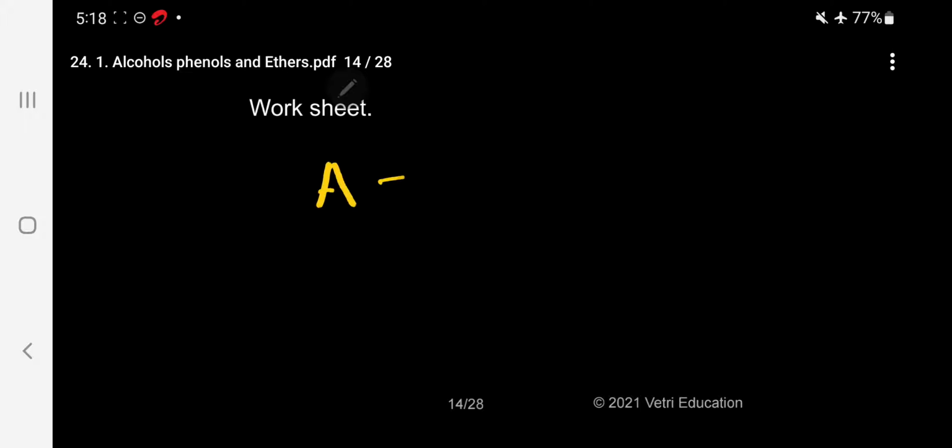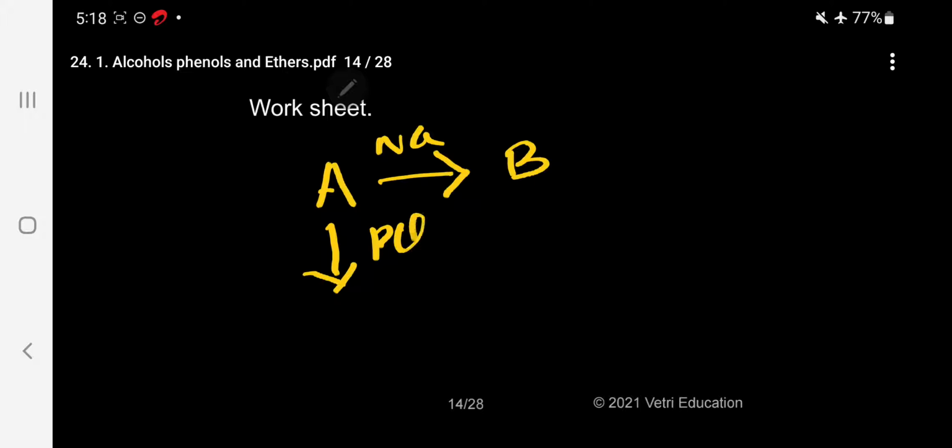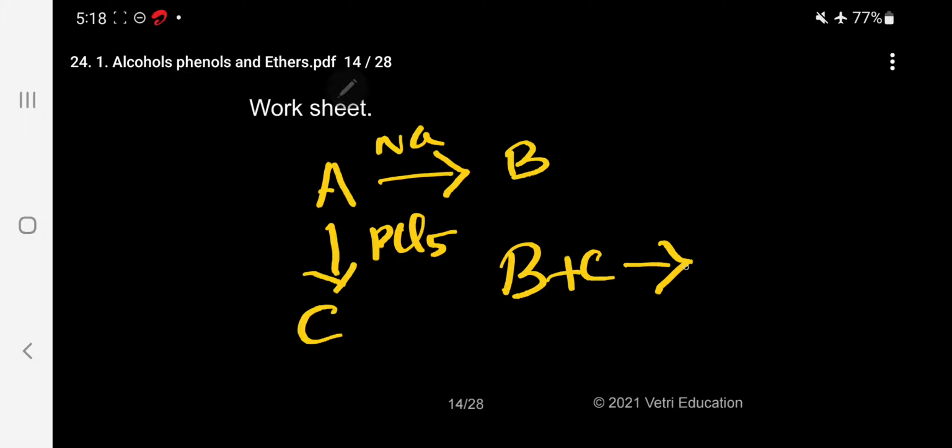A with sodium gives B. With PCl5 gives C. Now B plus C gives diethyl ether. Please follow. This is the information given in the problem.